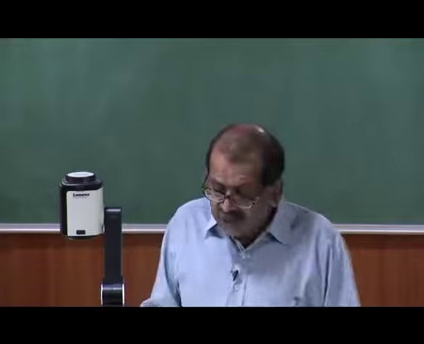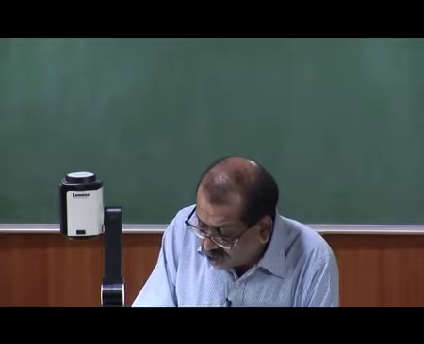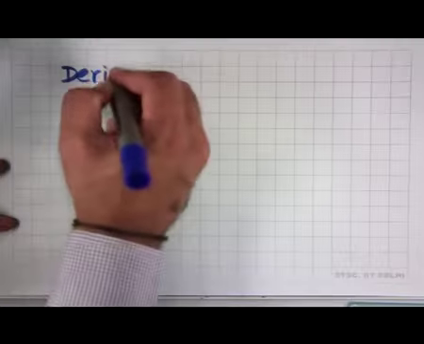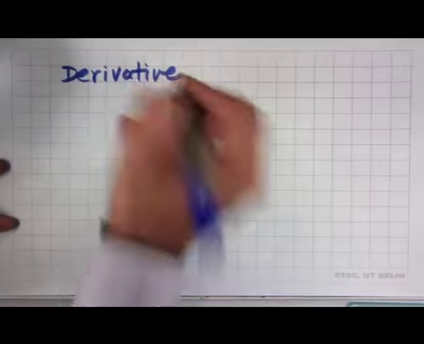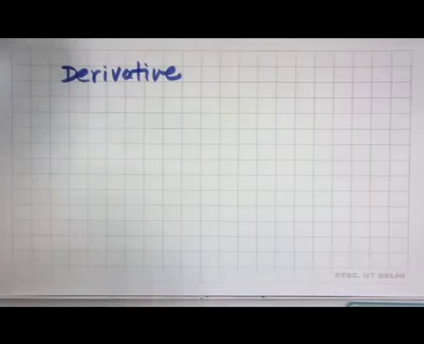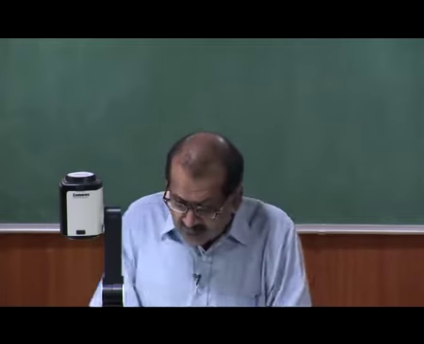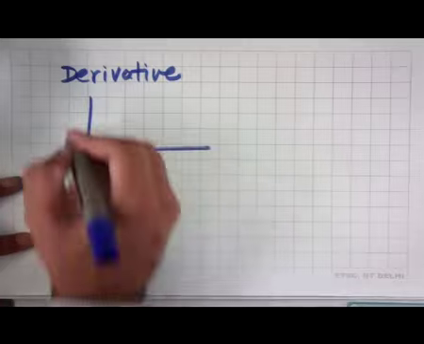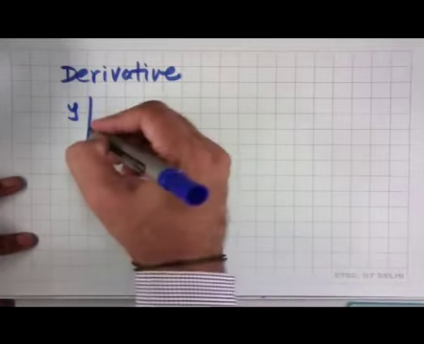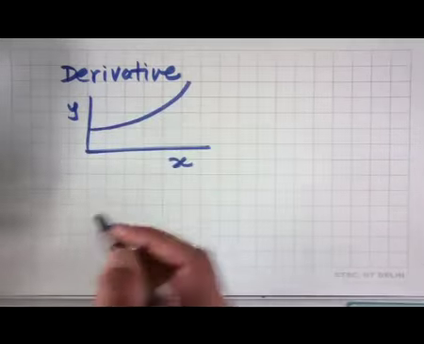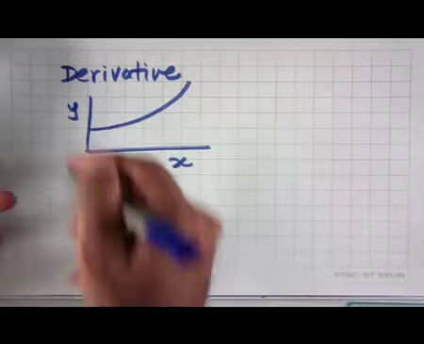So, to understand this, first we have the concept of a derivative. Differential calculus is all based on derivatives. Now, suppose we have a line which is varying with x.